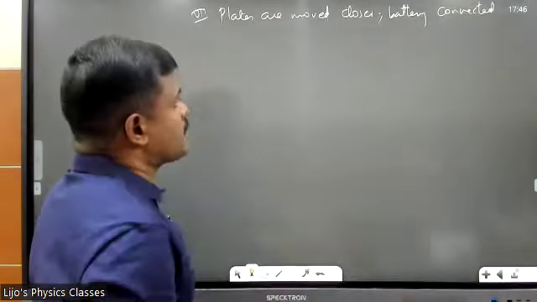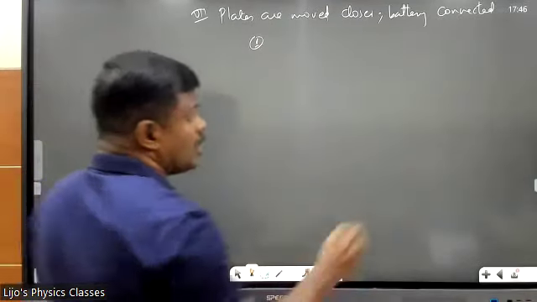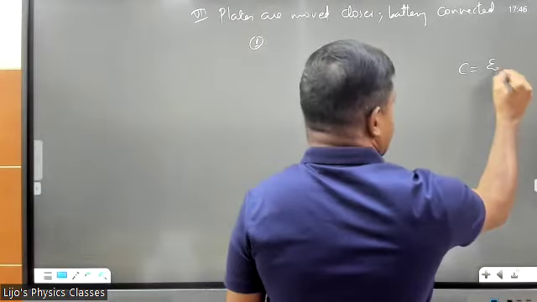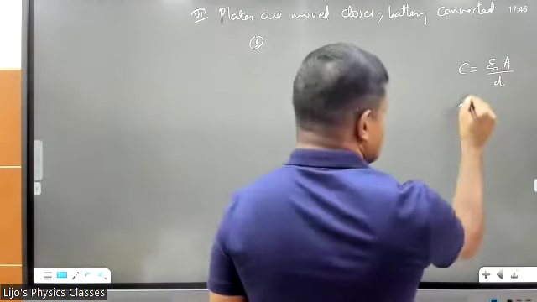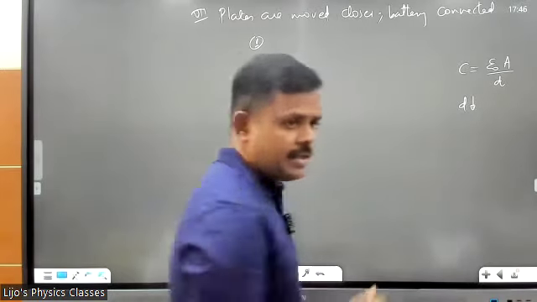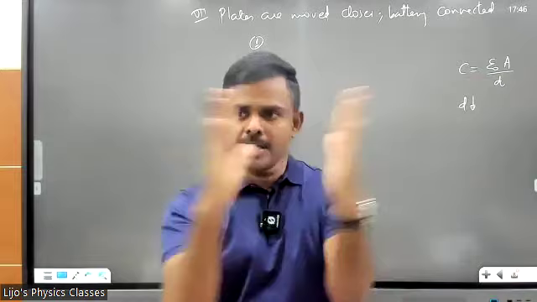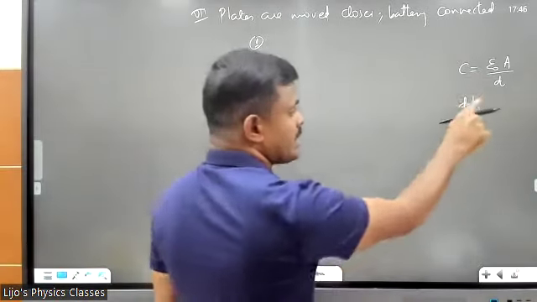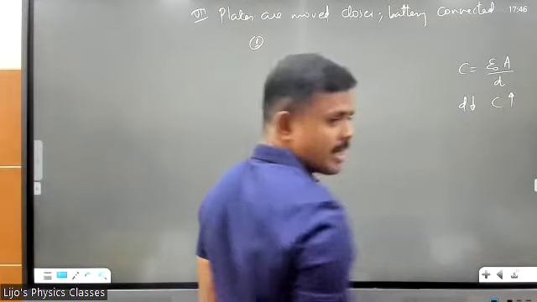Make it quick. I have to do a couple more questions. Capacitance is epsilon 0 A by D. Moved closer means distance will decrease, so denominator will decrease. Capacitance will increase.